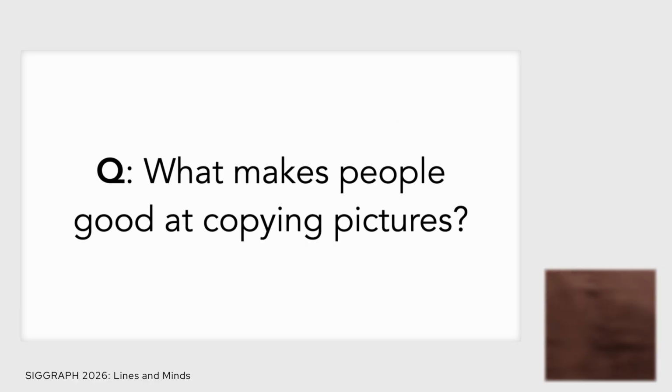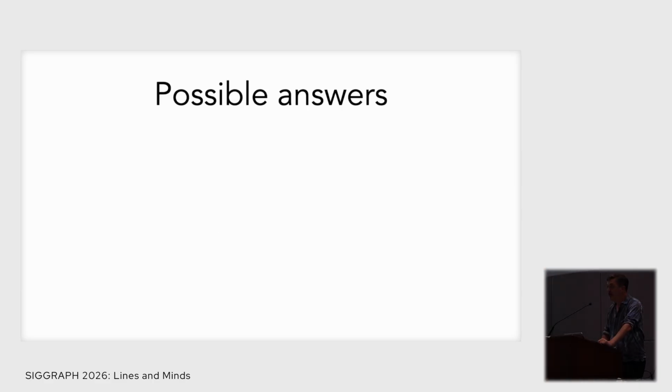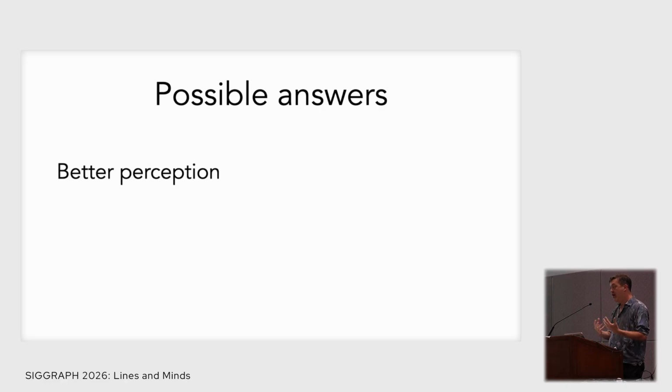So the secondary question there is, what makes people good at copying pictures? There are a few possible answers to this question that people have studied in the psychology literature. It could be that people are better at copying pictures because they have better perception. Maybe trained artists have more receptors in their retina or better shape processing systems in their brains.